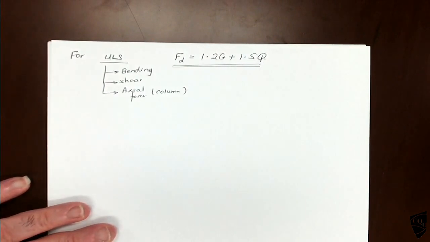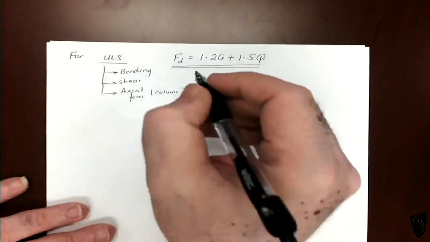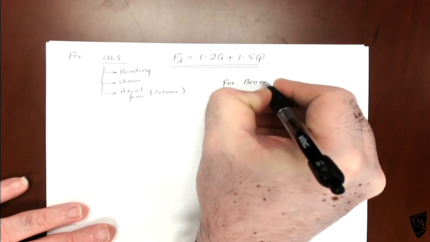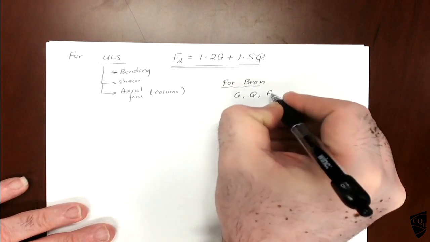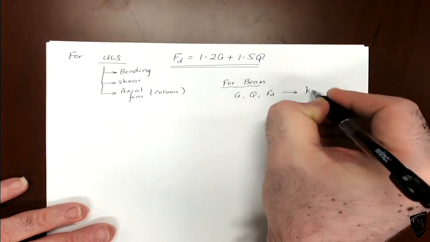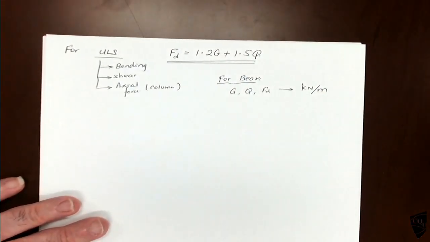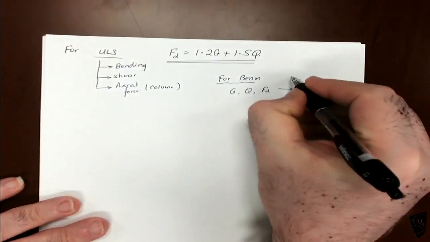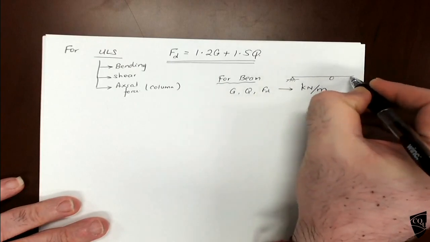Okay, so you should know what G and Q are, that is dead load and live load. For the beams, the loads will be in kilonewton per meter. G, Q, FD, everything will be kilonewton per meter UDL. The beam can be a continuous beam or whatever.